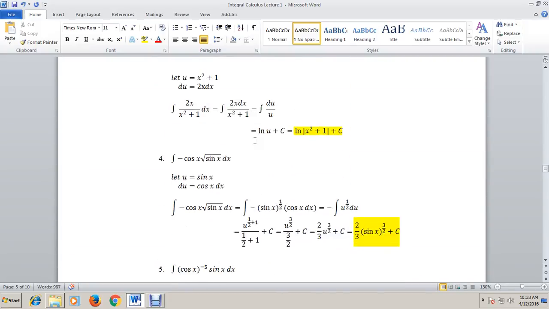Now, in our expression negative cosine x and sine x, recall that the square root is actually expressed in terms of power as 1/2. So our square root of sine x is actually sine x raised to 1/2.